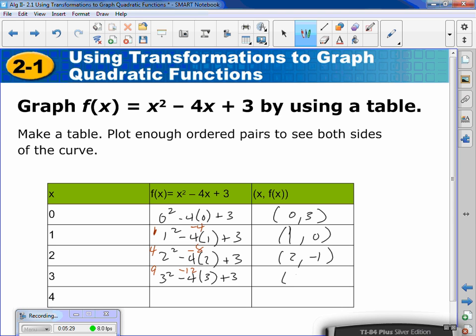So my point is 3 comma 0. How do you get the 3 numbers? Right here. The next one, 4 squared minus 4 times 4 plus 3. 4 squared is 16. 4 times 4 is 16. What's 16 minus 16? 0 plus 3 is 3. So my point is 4, 3.